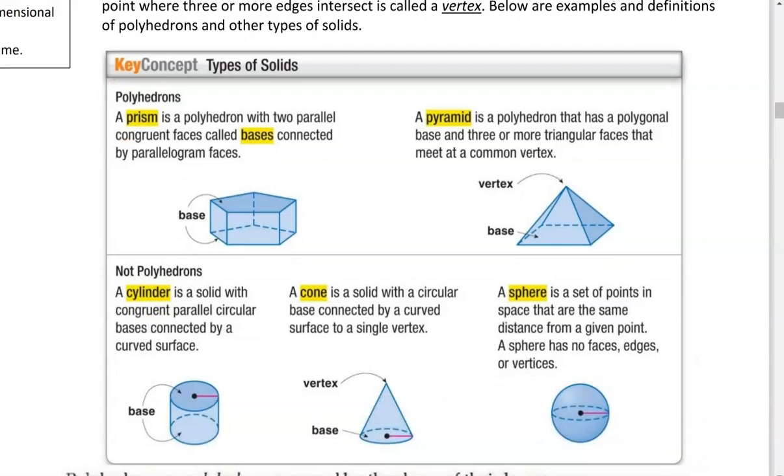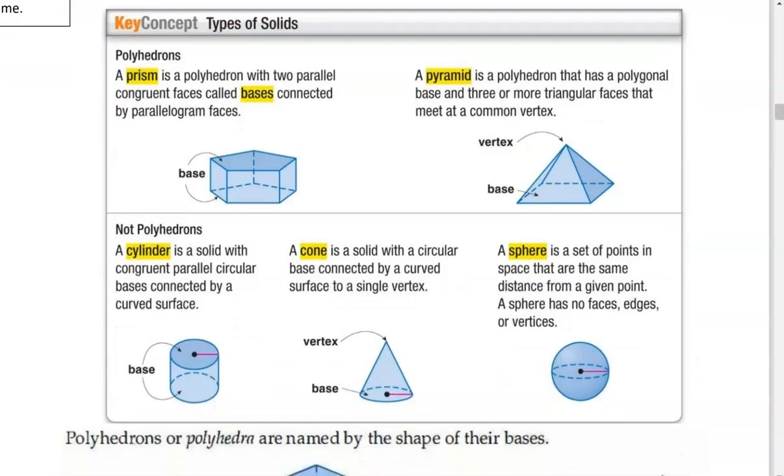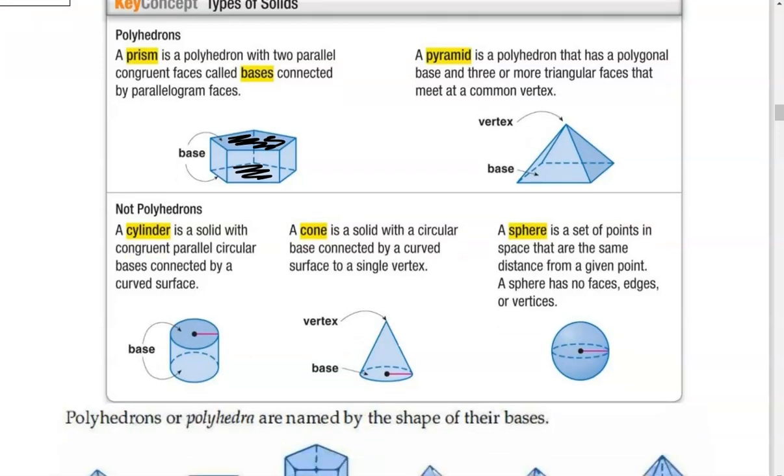So we have some solid figures here. We have a prism, and prisms are more specifically named based upon their base shape. The top and the bottom that match up, the same shape, we call the bases, and that's how we name those. Same thing with a pyramid, depending upon the shape of its base, but a pyramid comes up to a point with three or more triangular faces.